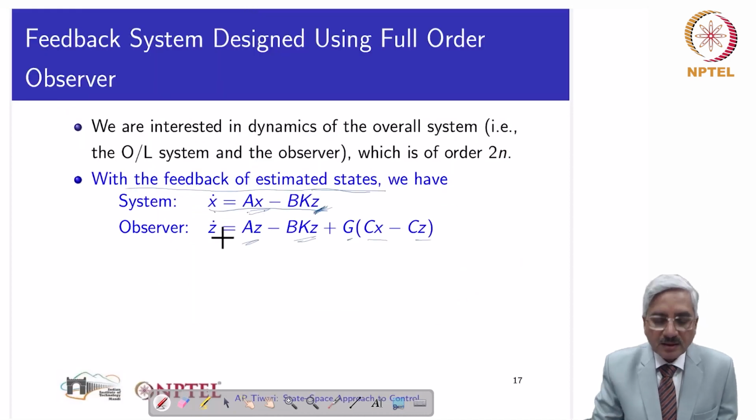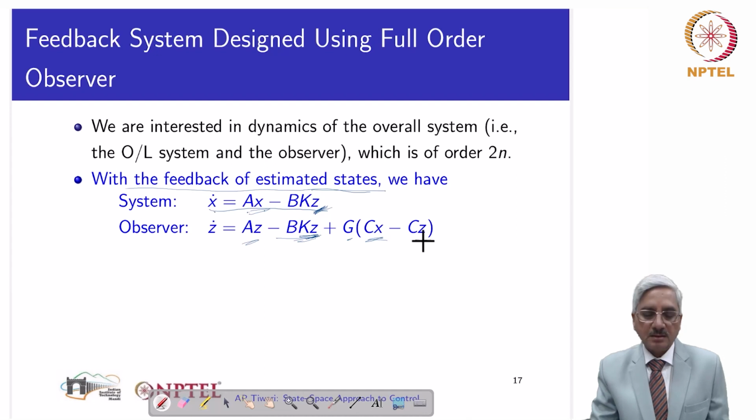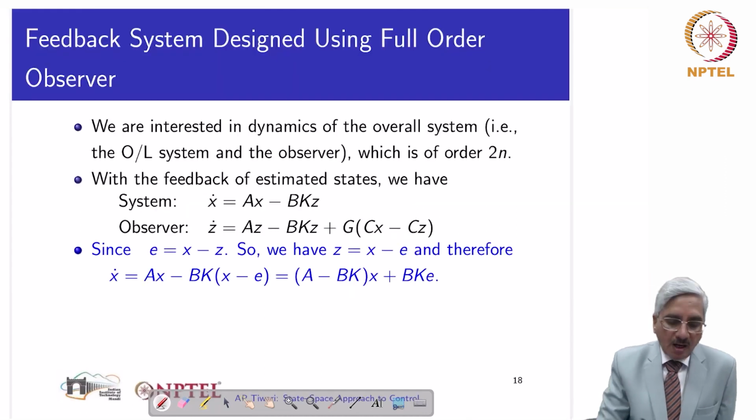So we get z dot is Az plus Bu, and u is minus Kz, so that Bu becomes minus BKz, and this is G(y minus Cz), y is Cx, so G(Cx minus Cz). This is the observer, and we had defined error e as x minus z.